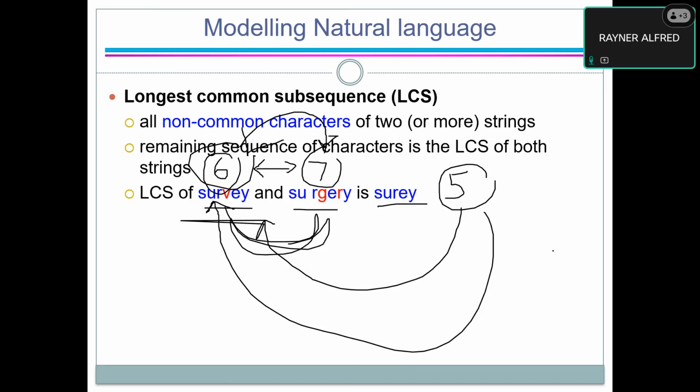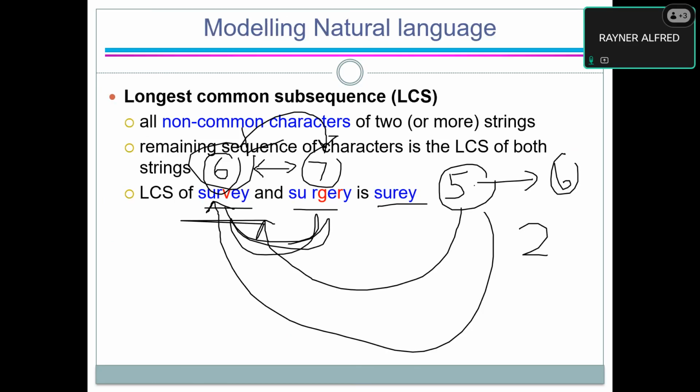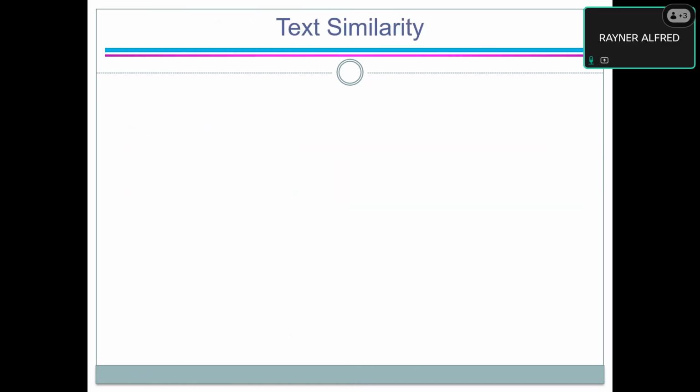If this value is only 2, that means they are not similar. But if this one goes at maximum to 6, that means the second one fulfills the length of the first one. Okay, so these are some of the methods used to identify, compute or quantify the similarity of the text.